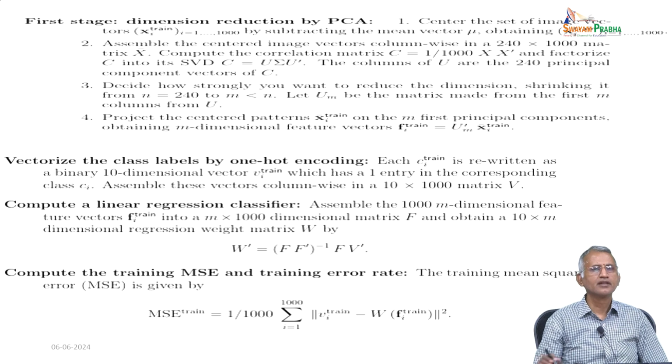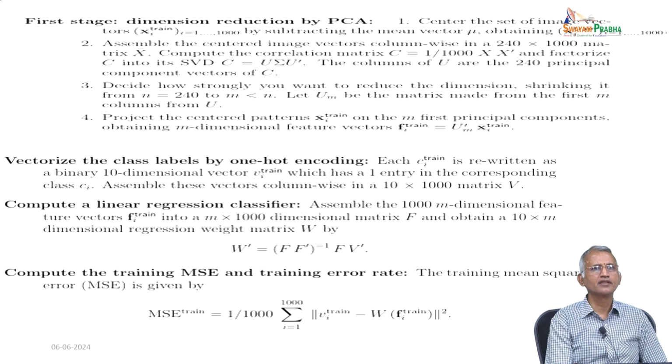First stage, dimension reduction by principal component analysis. Number 1, center the data set of image vectors by subtracting the mean vector mu, obtaining the x training.